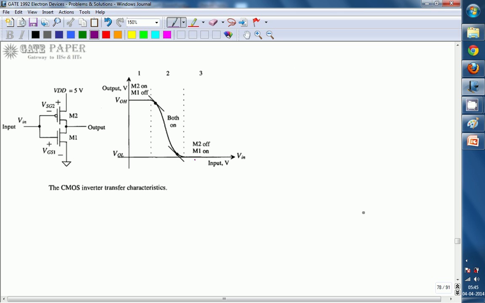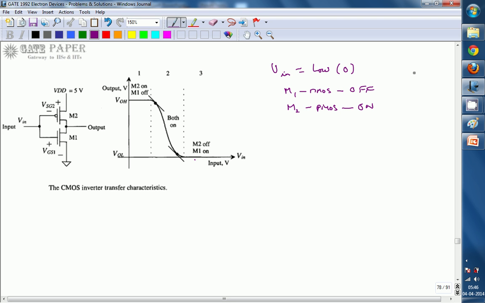If V input is at low level, logic 0, then M1, which is the NMOS transistor, will be in the off condition. And M2 is a PMOS transistor. For PMOS, logic low level makes it go into the on condition. So here it is M1 off and M2 on.